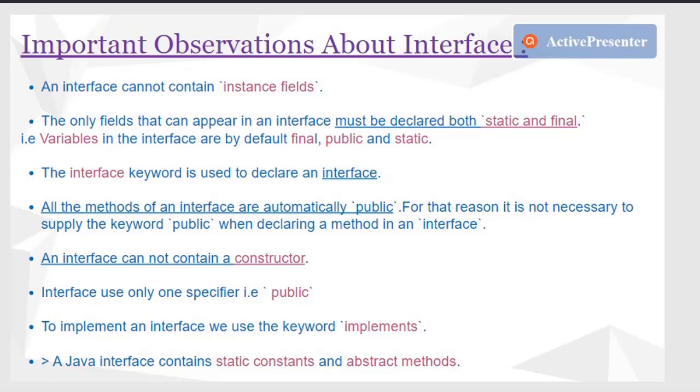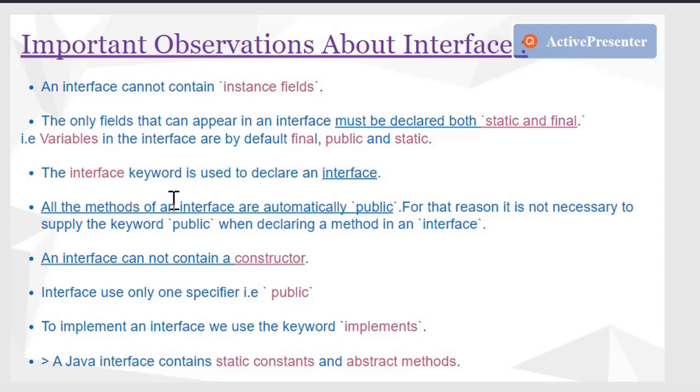Now let's discuss a few important observations about interfaces. An interface cannot contain an instance field. The only fields that can appear in an interface must be declared both static and final. That is, variables in an interface are by default final, public and static.